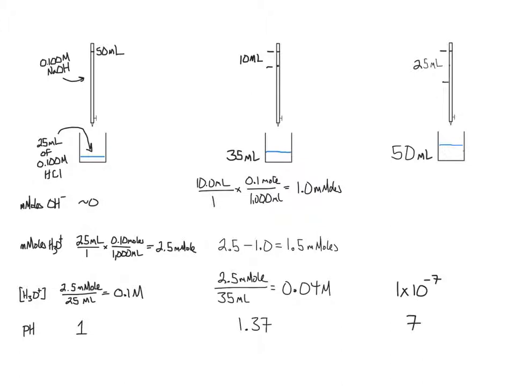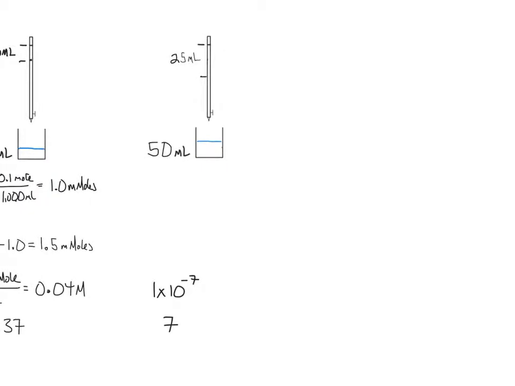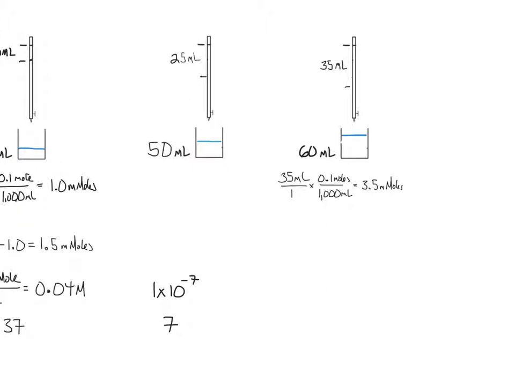Next, let's calculate the concentration once we've added 35 milliliters of the sodium hydroxide solution to the beaker. Now let's calculate the millimoles of hydroxide, millimoles of hydronium, final hydronium concentration, and the pH. We've added 35 milliliters of 0.1 molar sodium hydroxide solution. Therefore, we've added a total of 3.5 millimoles of hydroxide.